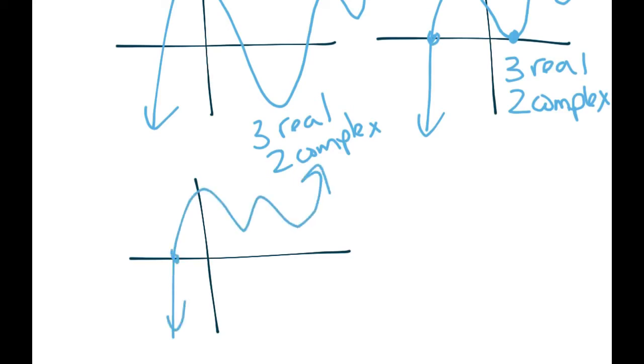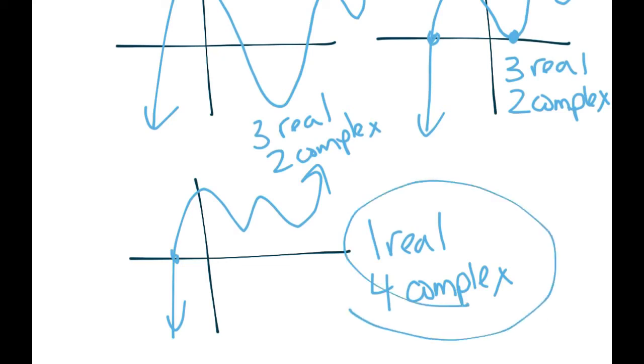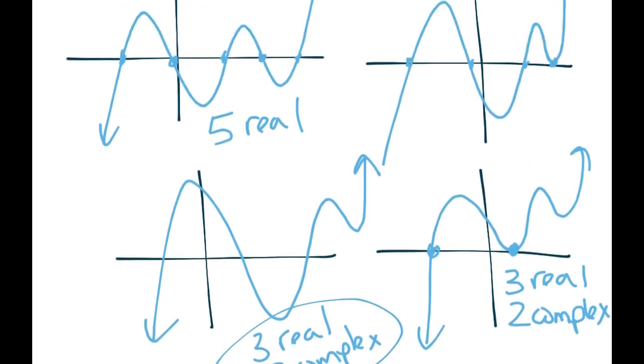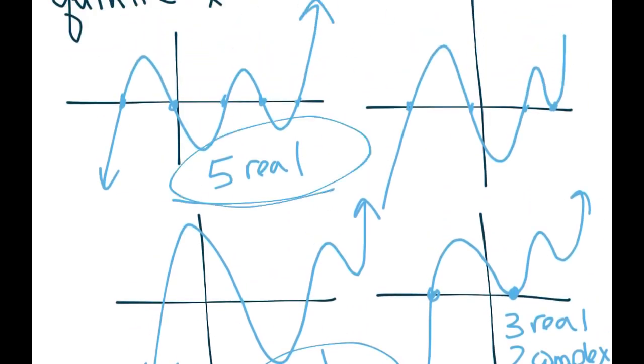There we go. Well, if it hits once, then it would have 4 complex roots. And the number of roots always need to add up to the biggest exponent. So it can have one real 4 complex, 3 real 2 complex, or 5 real.